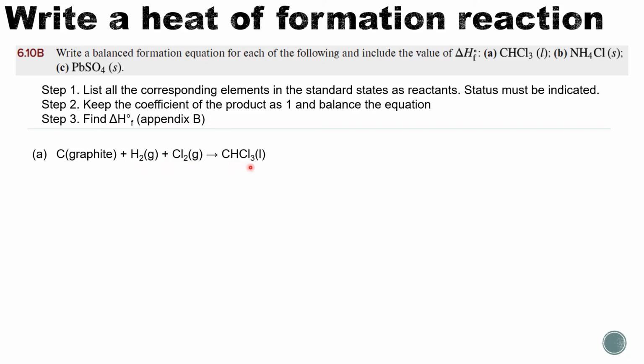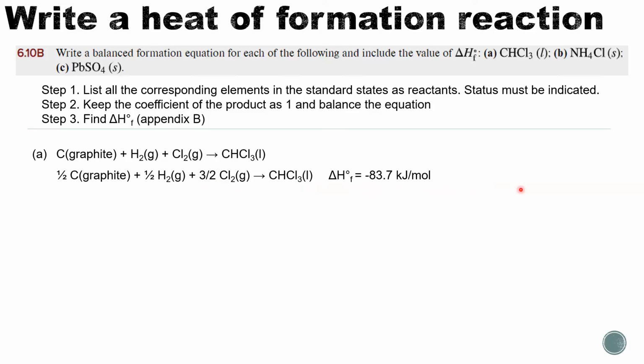For chlorine, the same thing. We have 3 chlorine atoms in the compound, so we make the coefficient for chlorine 3/2. Then we find the standard heat of formation from Appendix B and list that after the formation equation. So the standard enthalpy of formation for this reaction is negative 83.7 kilojoules per mole.